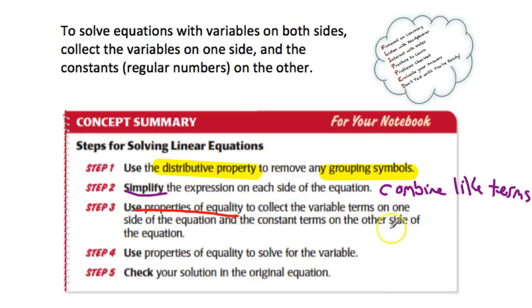And when you're done doing that, you should have all the variables, those are the letters like x, z, n, on one side, and the numbers, the constant terms, on the other side. After that, use the properties of equality to solve for the variable. So that's when you have x equals 2y, and then you want to divide by 2. And then we're going to check the solution at the end.